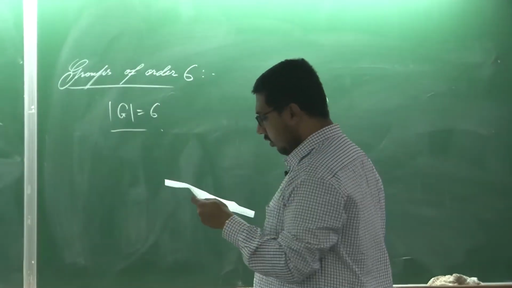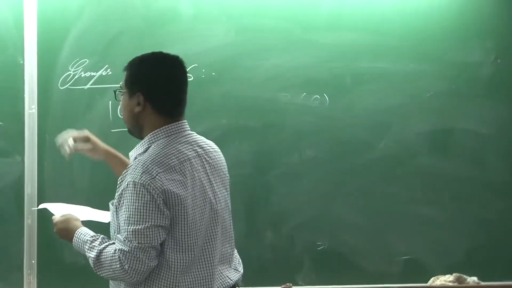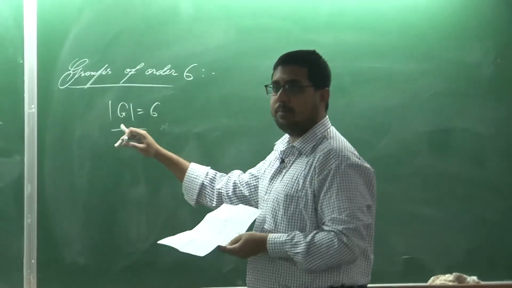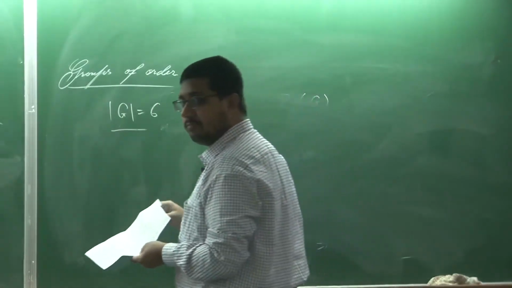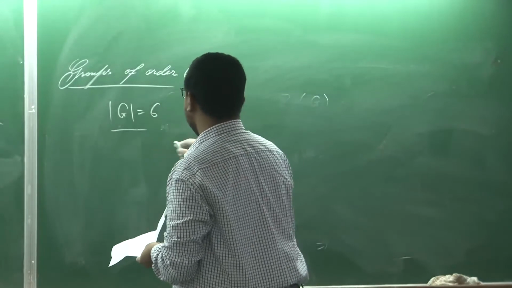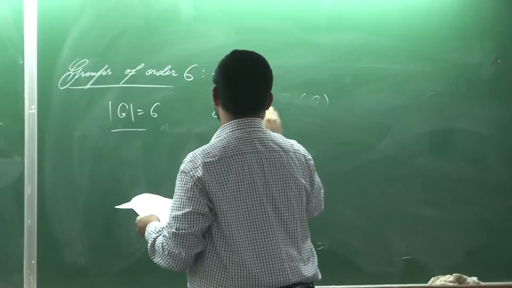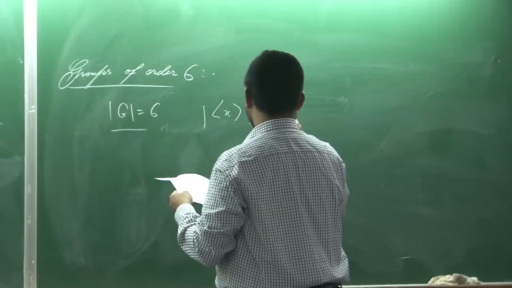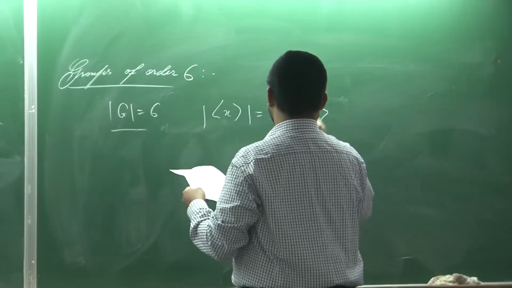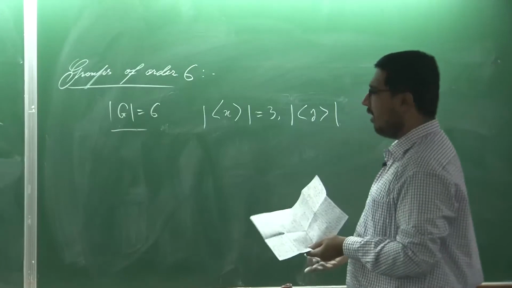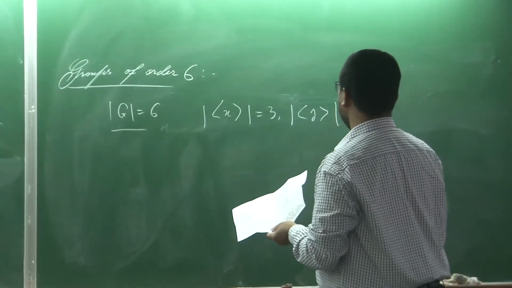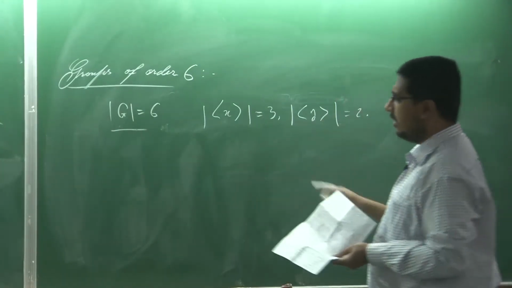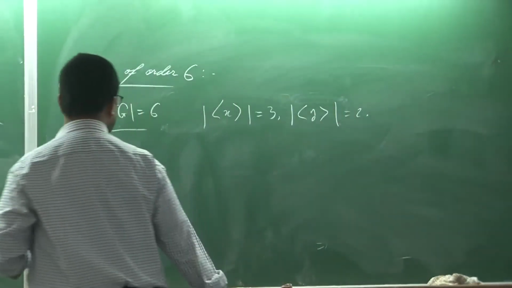By Sylow's theorem, it has subgroups of order 2 and 3. These are cyclic groups, so let X have order 3 and Y have order 2.